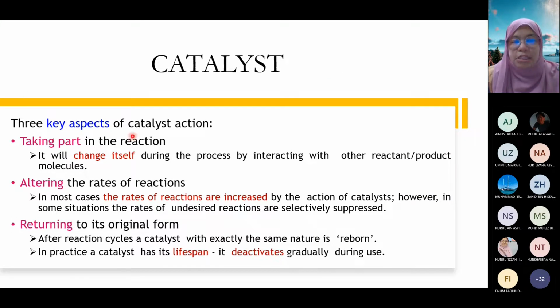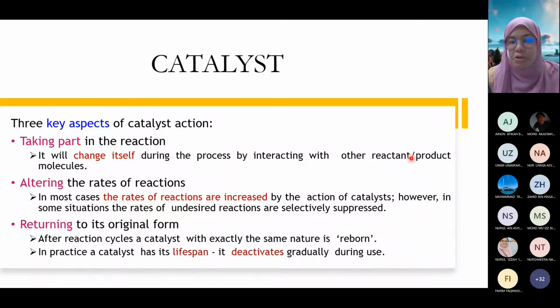Right. The key aspect of catalyst action is that, taking part in the reaction, it will change itself during the process by interacting with other reactant or product molecules. How will it interact with the reactant and product?